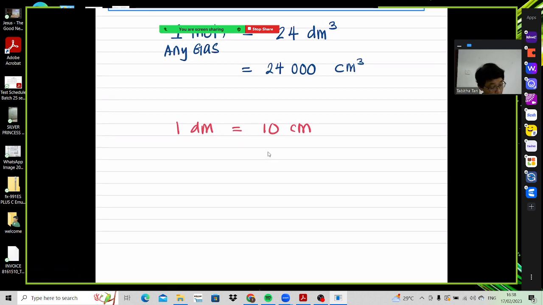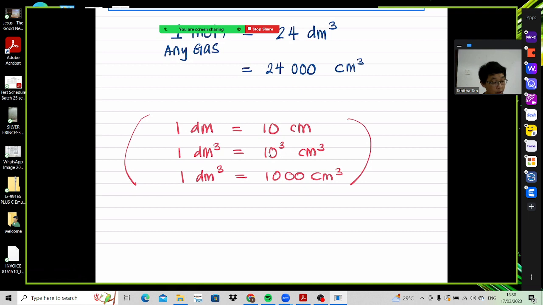So in the volume, if we cube that, that's why it is 10 to the power of 3, 10 cubed of cm cube. This is how it comes about. So 1 dm cube is equal to 1000 cm cube. This is just a little side note, just in case any one of us is still not familiar with the conversion between dm and cm.